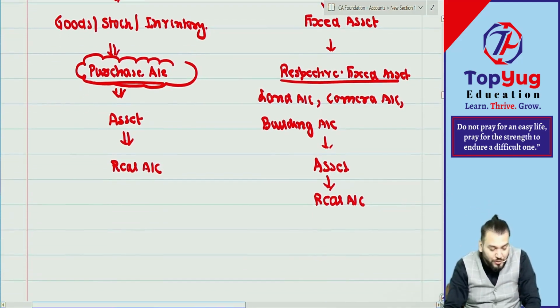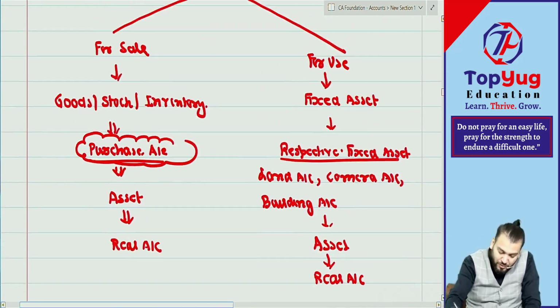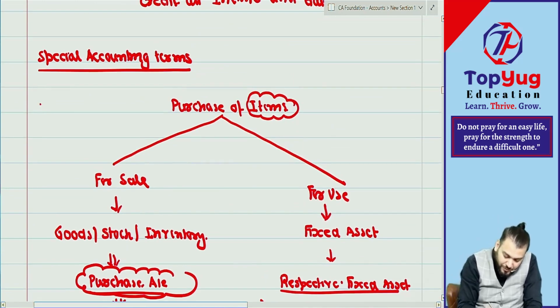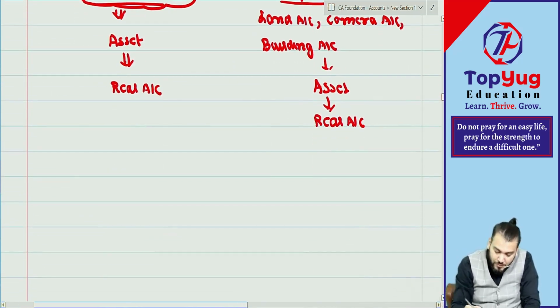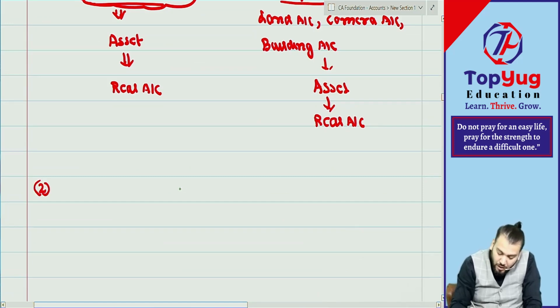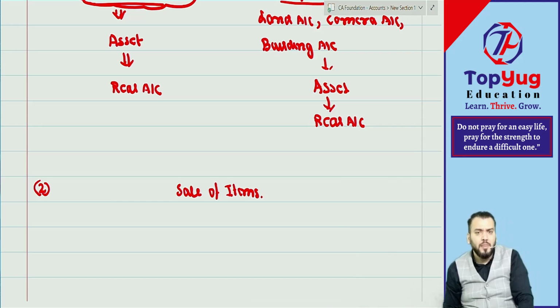Now let us come to sale. That was point number one, now come to point number two. Sale of item. Understood? Of course, whatever you purchase, one day you will sell it. I purchase furniture, after some time I can sell it.